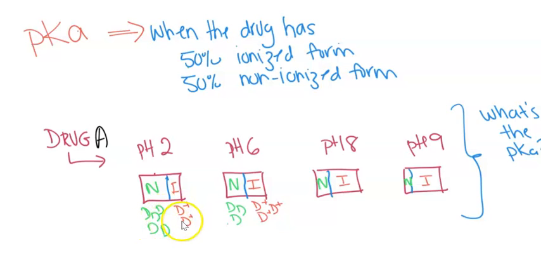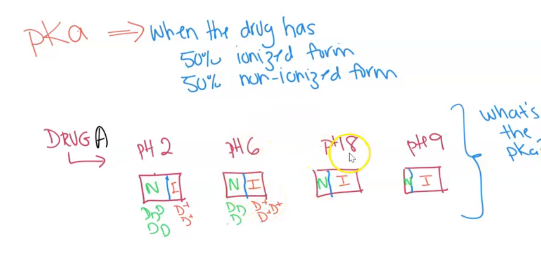If I take this drug and put it into, let's say, the intestines, at a pH of 6, what I'm going to see is half of the drug will be non-ionized and half will become ionized. So you can see there are equal amounts.